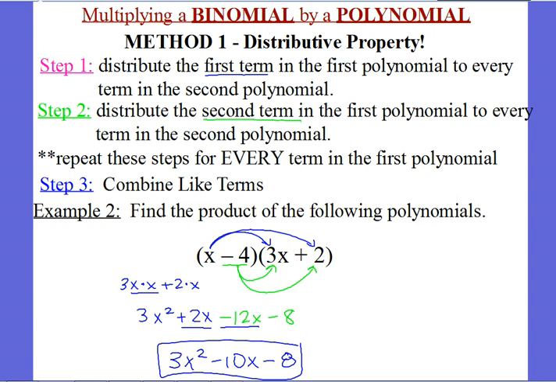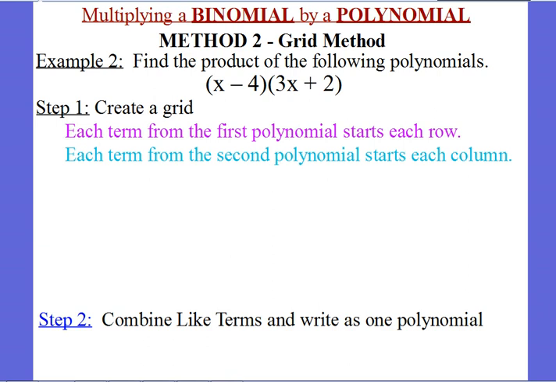Okay, one more strategy that we're going to take a look at is the grid method. I don't care if you use distribution or the grid method, it doesn't matter to me. We're going to do the same example 2, but using a grid. So the way that we do this, we're creating a grid where we're going to have each term of the first polynomial be the rows.